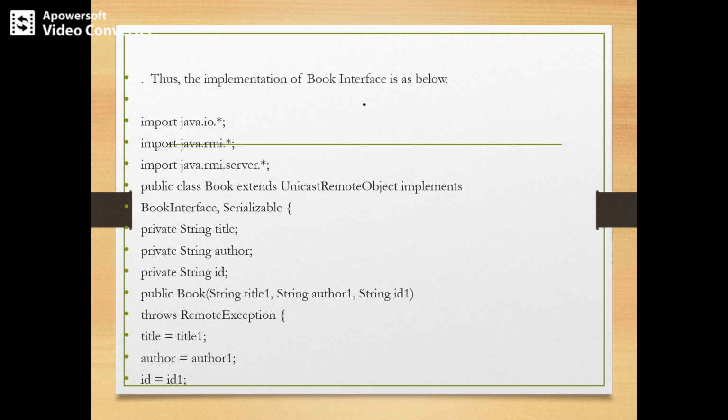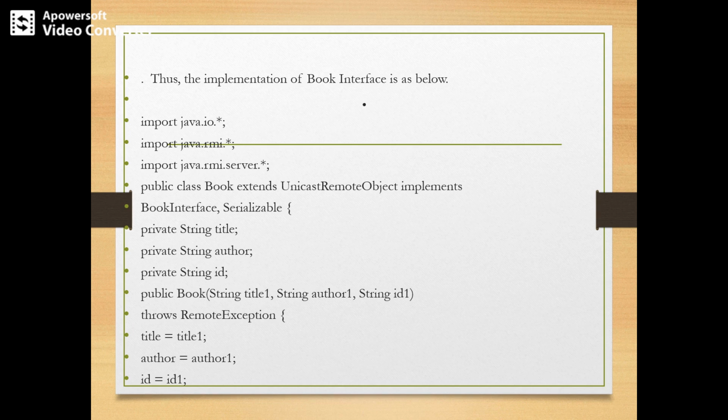Public class Book extends UnicastRemoteObject which implements the Book interface, Serializable. Private String title, author, and private String id. Public Book, with string title1, string author1, string id1, throws RemoteException. Title is equal to title1, author is equal to author1, id is equal to id1.